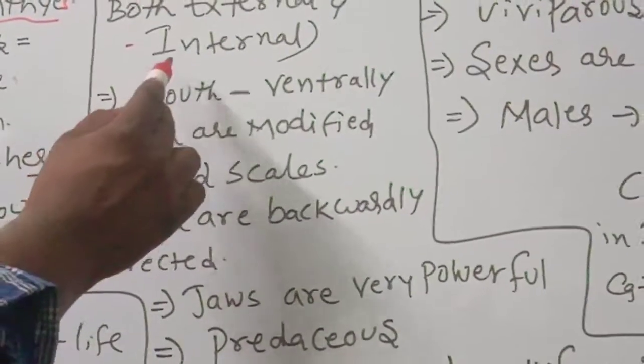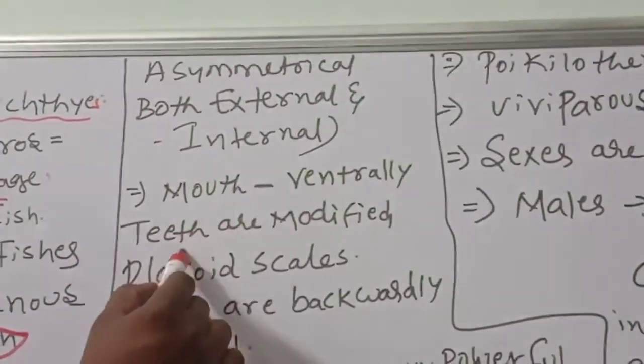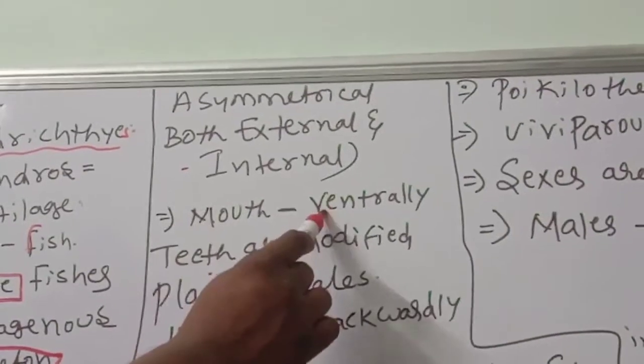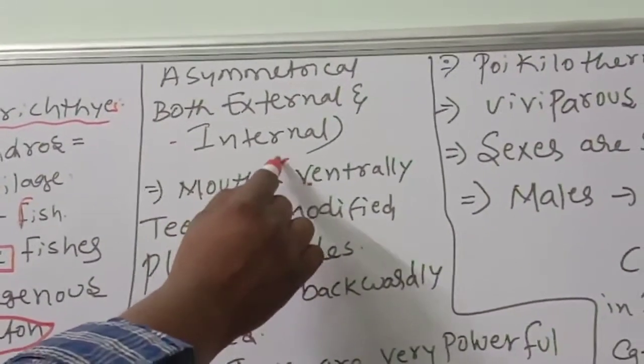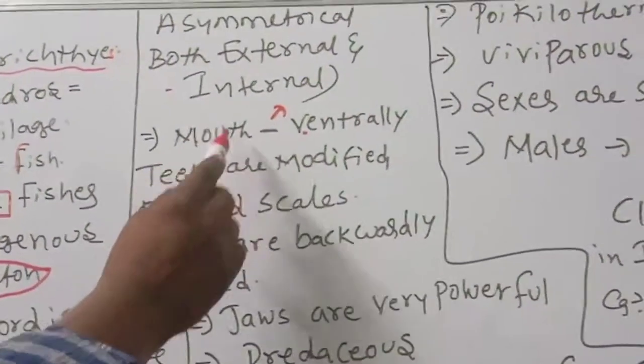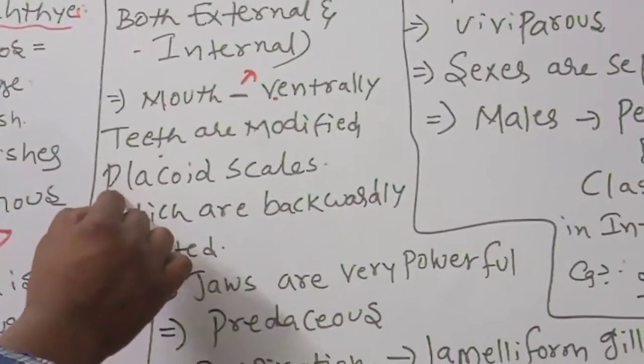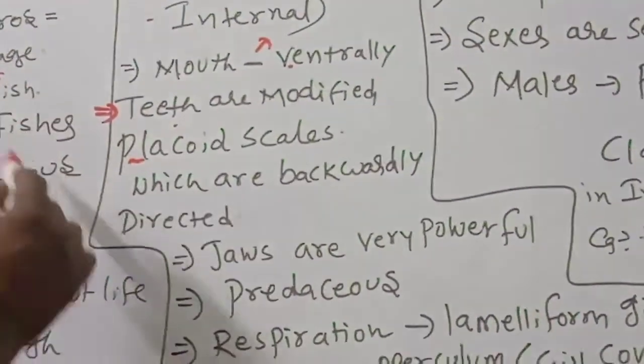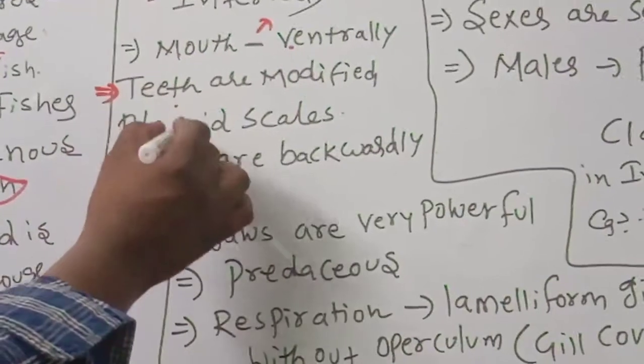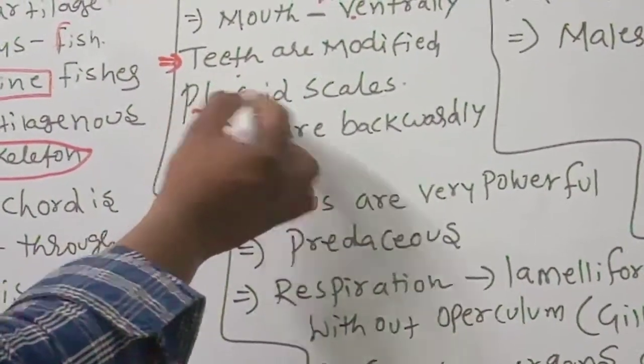The mouth is located ventrally, on the ventral side of the body, and teeth are present. In Chondrichthyes, what are the teeth?